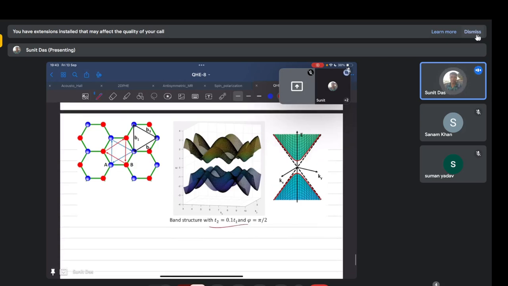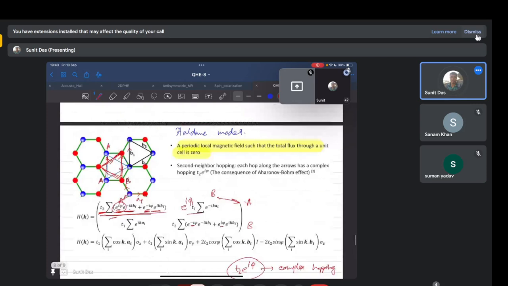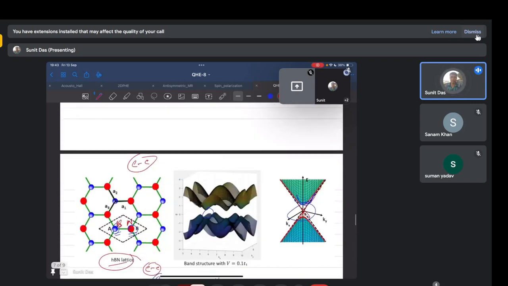Now this is the band structure with second or next nearest neighbor hopping of 0.1 t1 and phi is pi by 2, let's say, some suitable phase. And we see the gapped phase, right? Now the question is, what is really the difference between this gapped phase of the Haldane model, which we are able to get in graphene itself, and previously we have seen hBN?